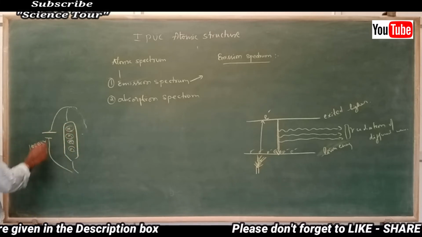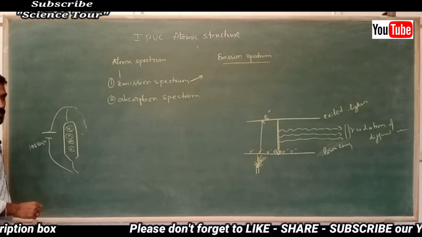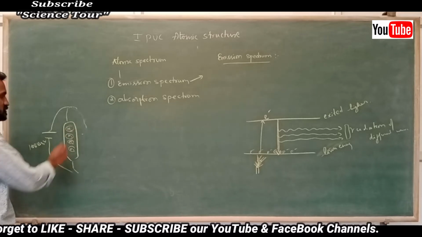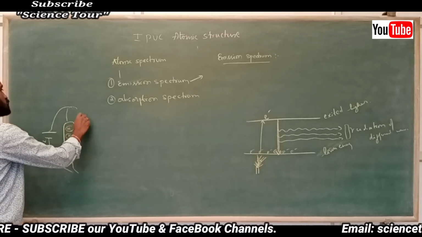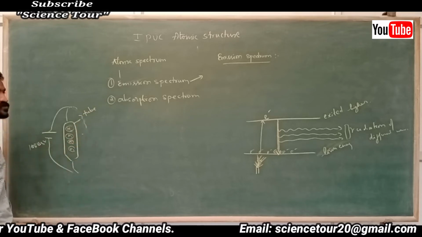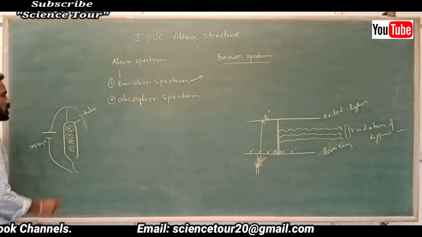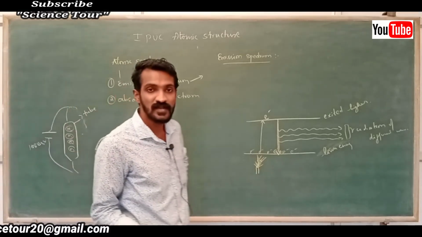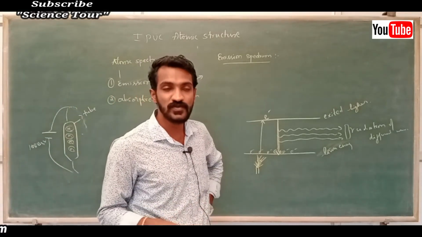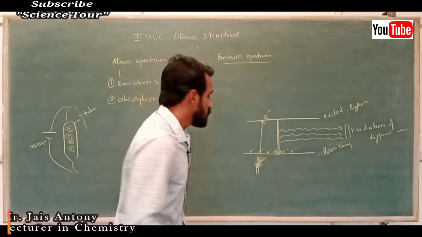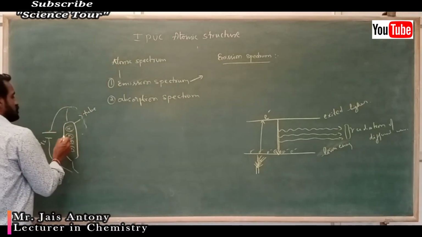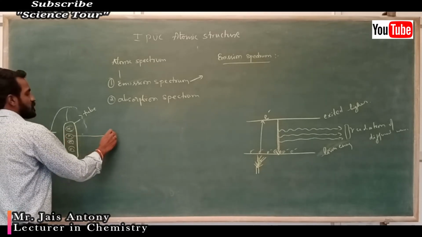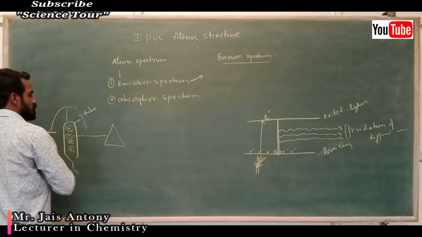When you supply high voltage current, the hydrogen atoms inside this tube, which is called a cathode ray tube, get heated. At that time it gives color, and it passes through a prism.